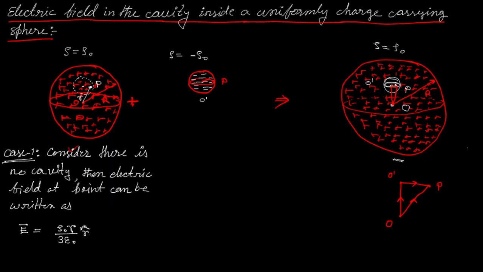If we multiply this r cap into r, we actually get the r vector, the position vector of the point P with respect to the center of the sphere, which we can also represent by the OP vector. So it will be rho naught OP vector divided by 3 epsilon naught. That is the electric field at point P when there is no cavity. This is the electric field in case 1, E1.